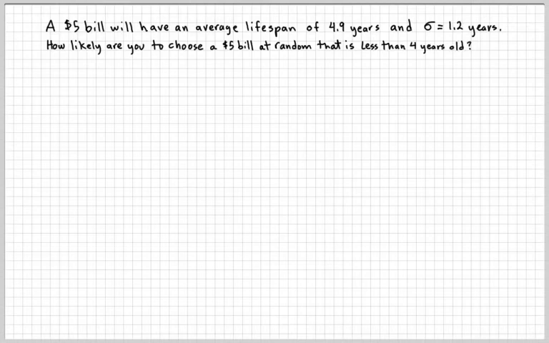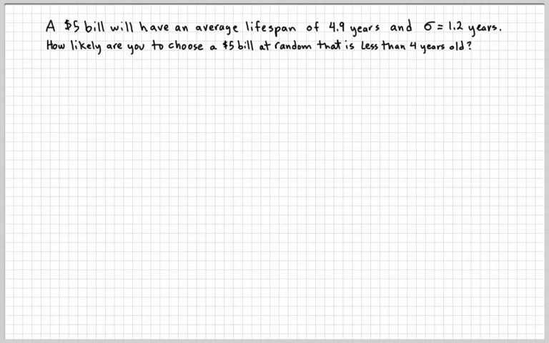It says a $5 bill will have an average lifespan of 4.9 years and a standard deviation of 1.2 years. How likely are you to choose a $5 bill at random that is less than 4 years old? That's a lot of words. There's a lot of numbers here.